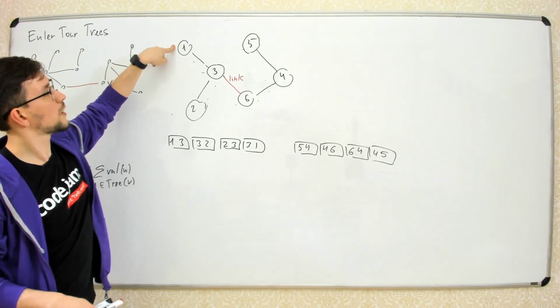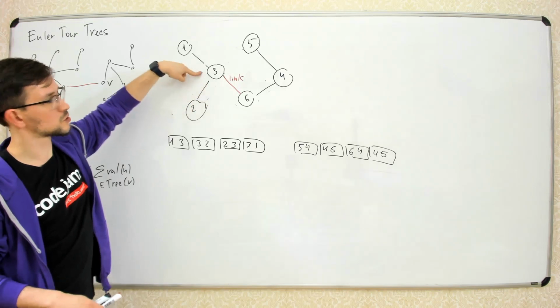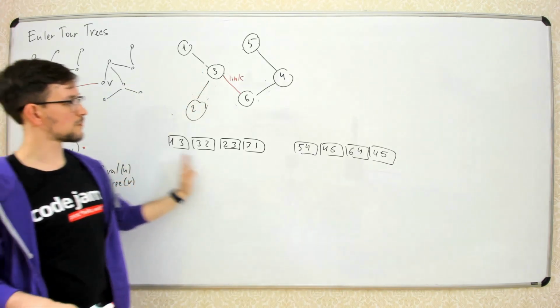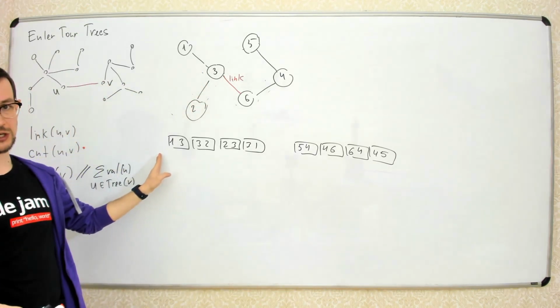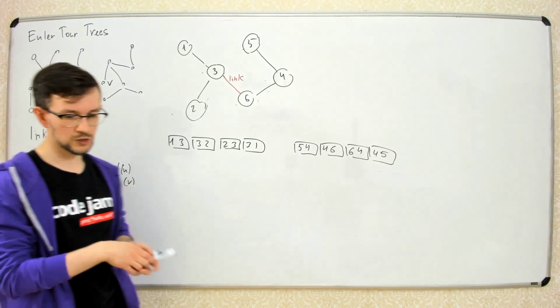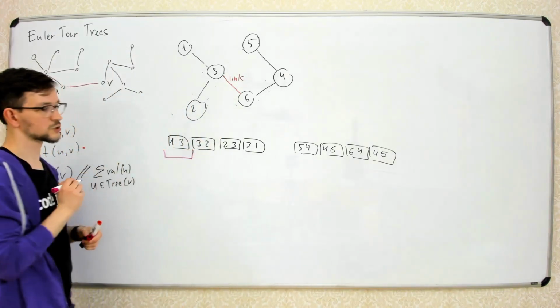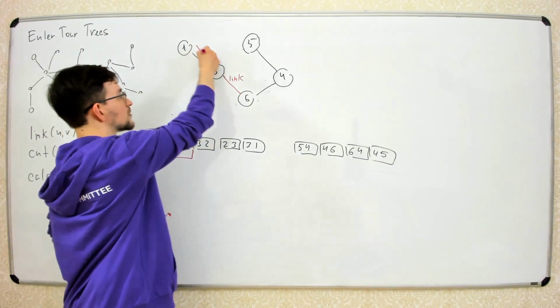We will travel along the first tree until we find this node 3. So we take some part of this tree which ends in the node 3, for example, this part. So let's take this first part. It will be part 1. So we travel from here to here.